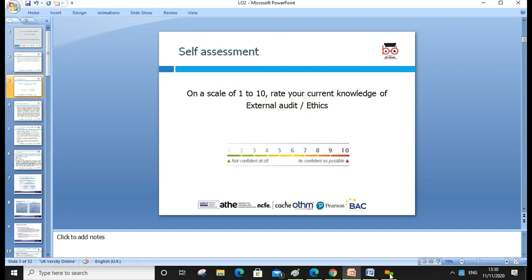Today's lesson is focused on the external audit. What comes to your mind about external audit, which is also called statutory audit, which by law you have to do? An external auditor is an auditor whom a company hires who is not involved in the company.